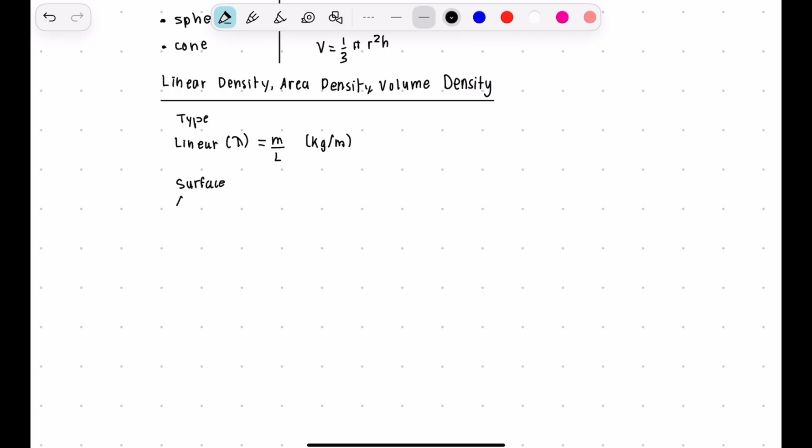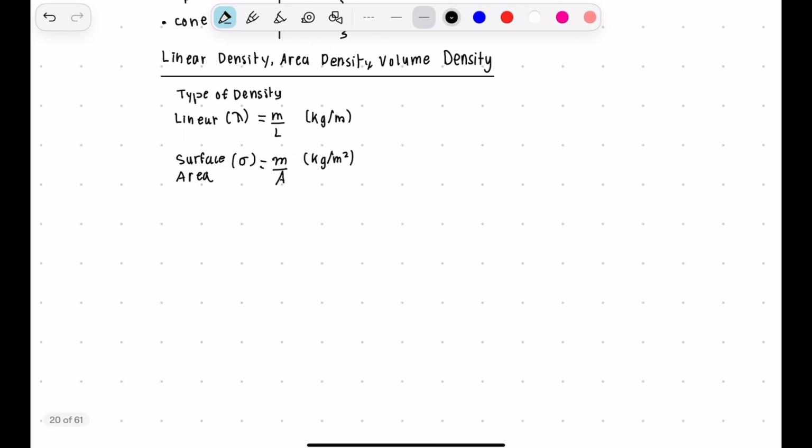Surface area density would be this symbol, and this would be equal to mass over A measured in kilograms over meters squared.